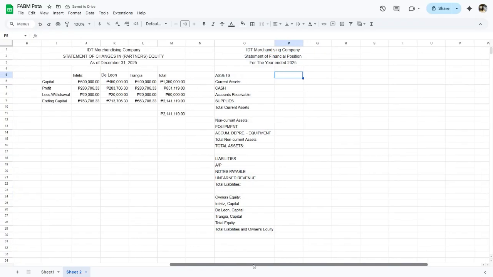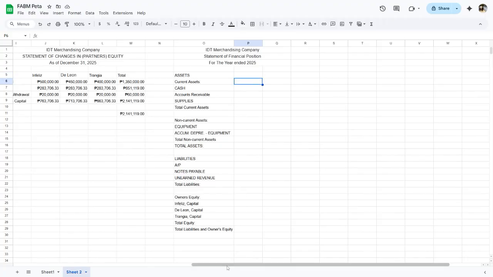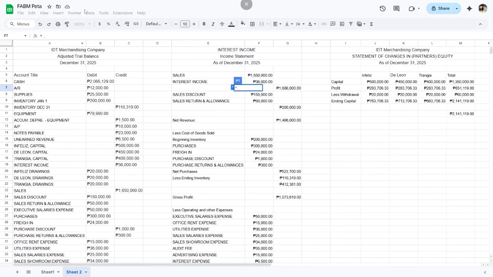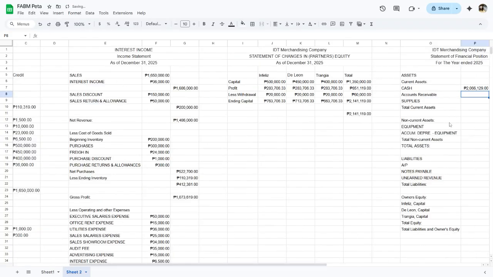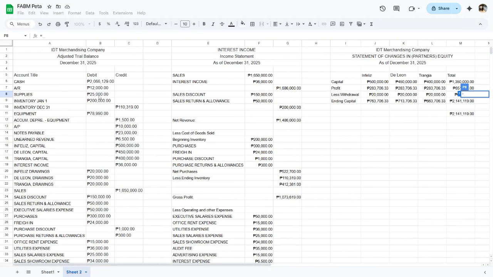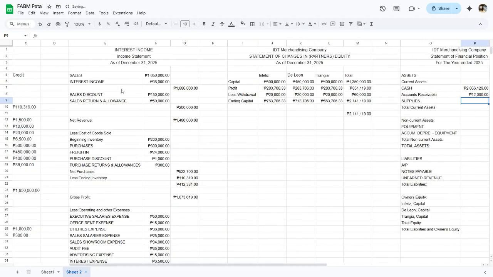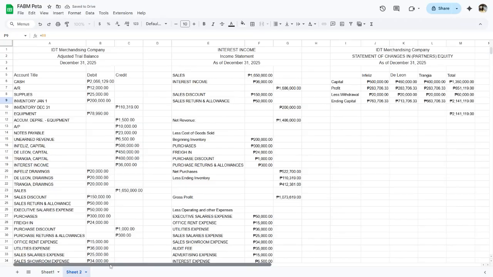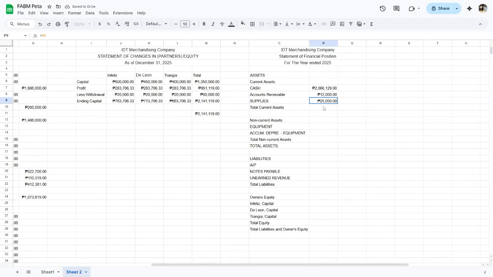Now let's proceed to our assets. Our current assets would start with the most liquid, cash. Let's get the amount of our cash from here, and the accounts receivable would be next to the cash. Let me double check. Yes, everything's good.